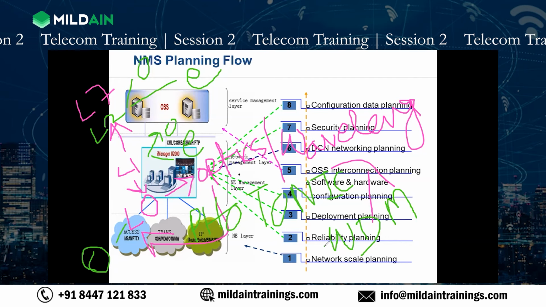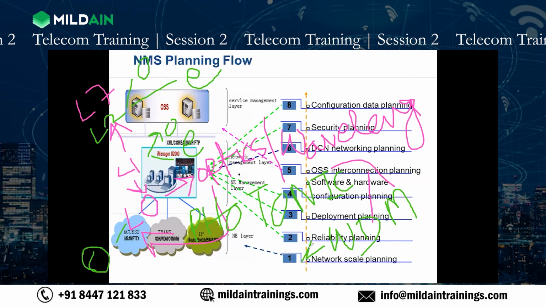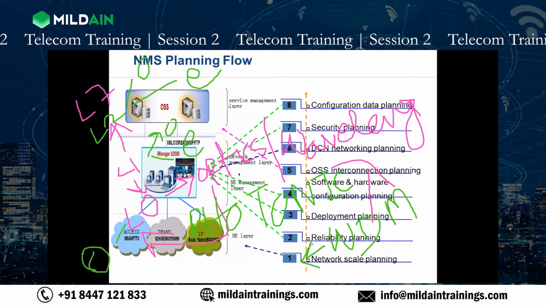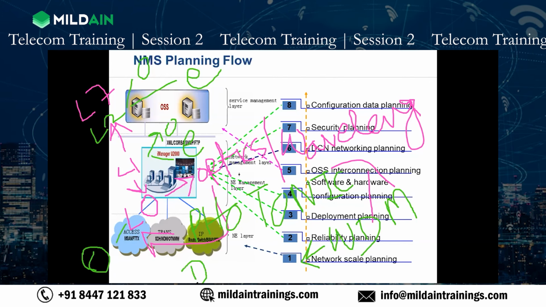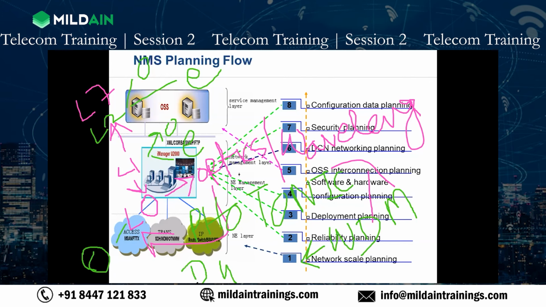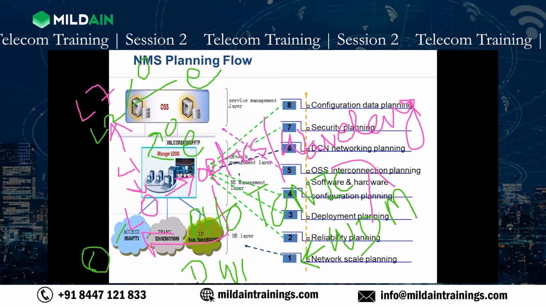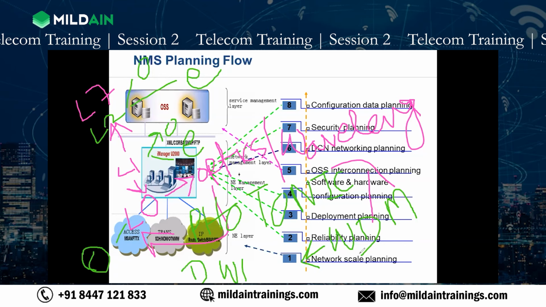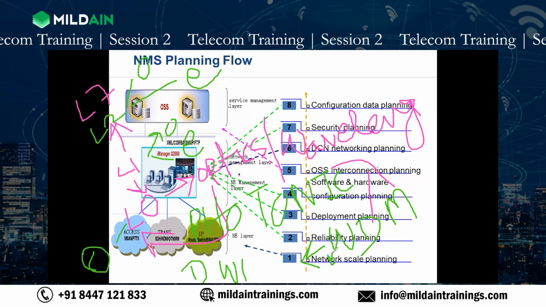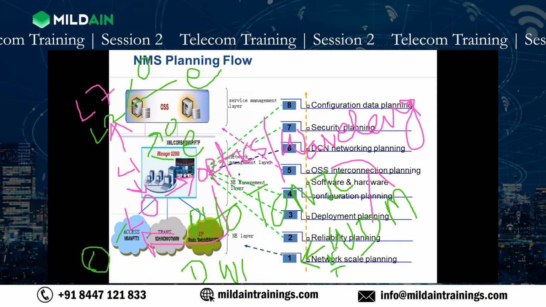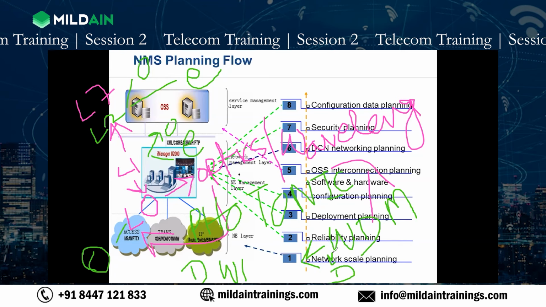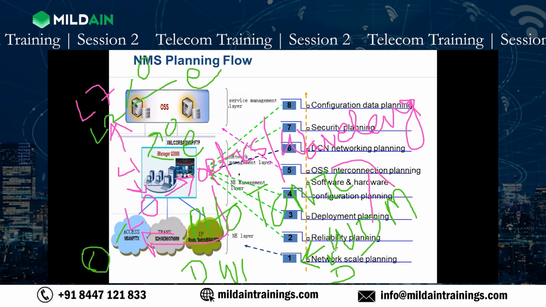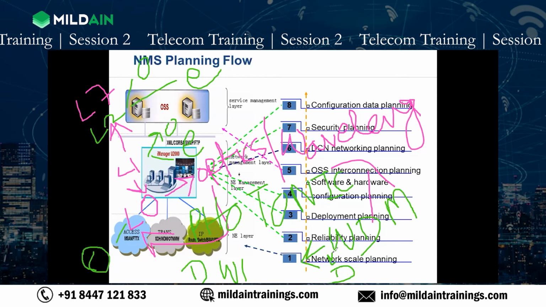Is it something like WCDMA? No. This is categorized into DWDM, dense wavelength division multiplexing. So in optical, there is only one technology, that is DWDM.